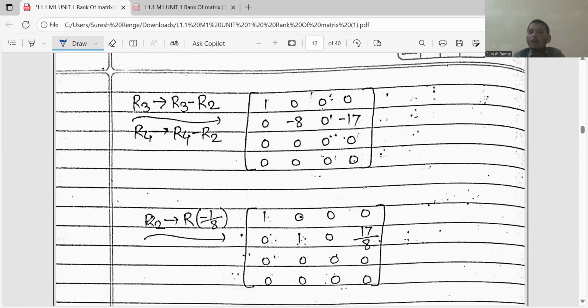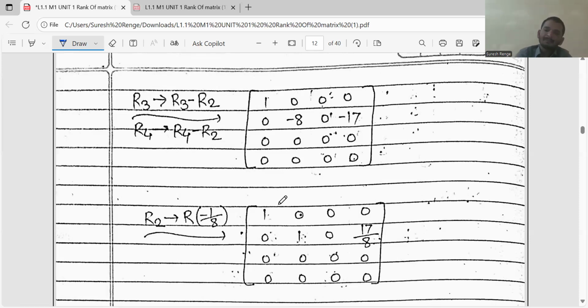Now apply this operation: change in R2, R2 becomes minus 1 by 8 times R2. Multiply row R2 by minus 1 by 8. If you multiply row number 2 by minus 1 by 8, then what will become?